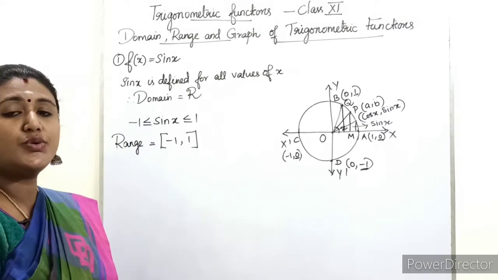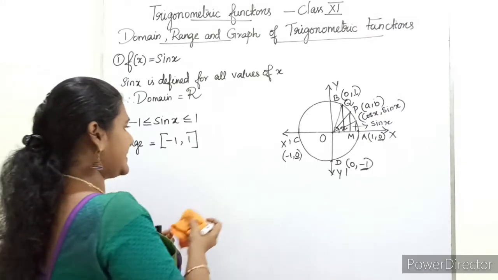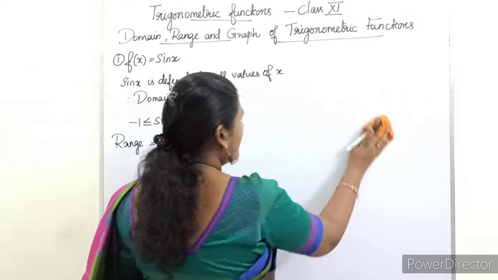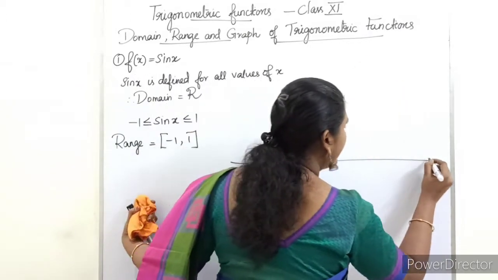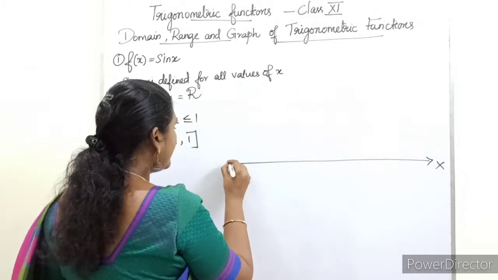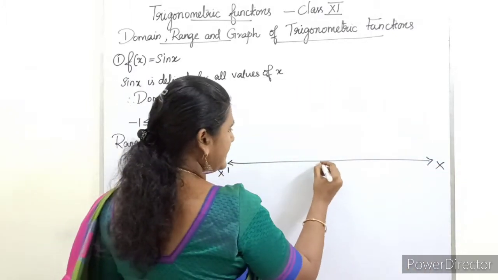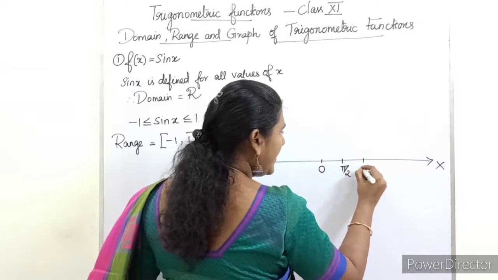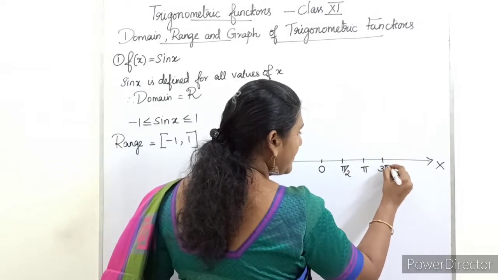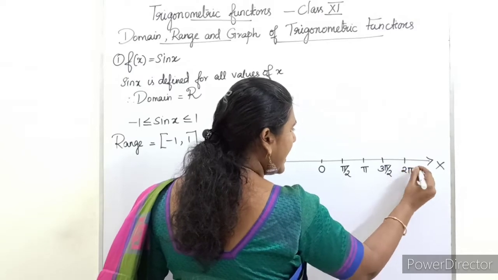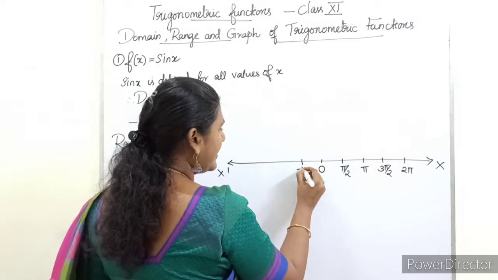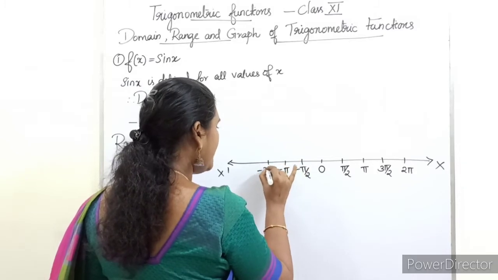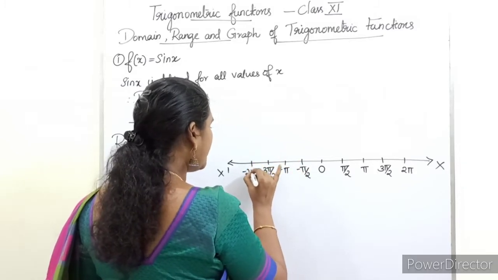Now we are going to draw the graph of sin x. That is very important, the graph of the sine function. For that, first we will draw the x-axis. On the x-axis we will denote the angles: 0, pi by 2, pi, 3 pi by 2, 2 pi, and on this side we will mark the negative angles: minus pi by 2, minus pi, minus 3 pi by 2, minus 2 pi.